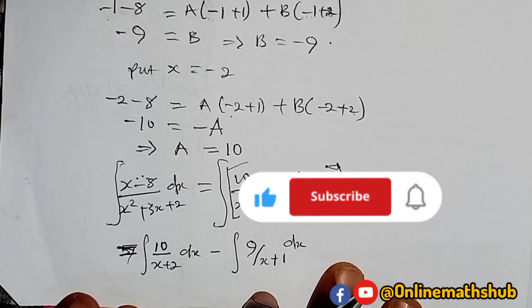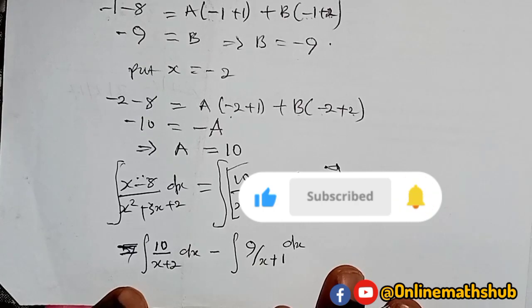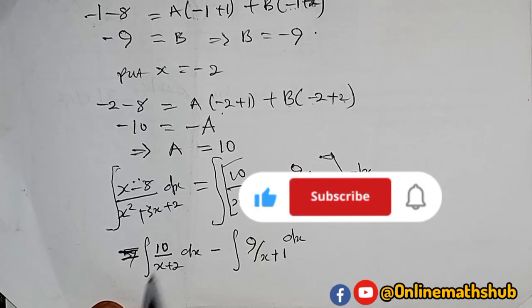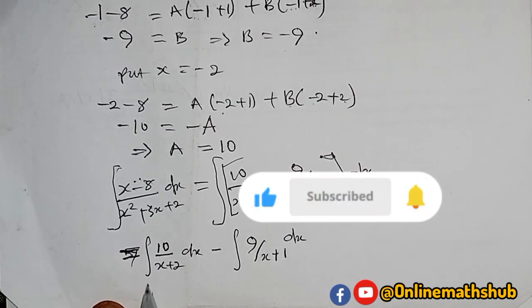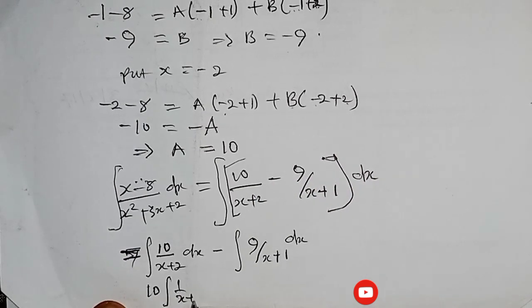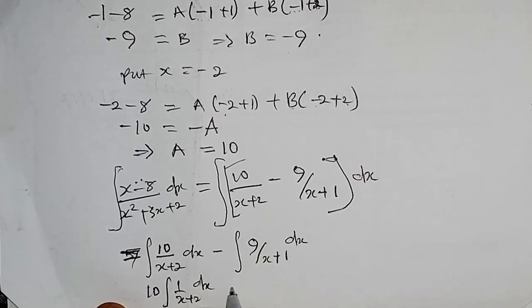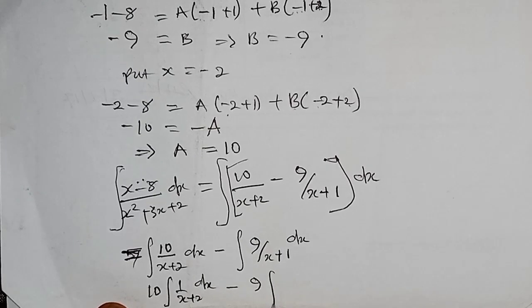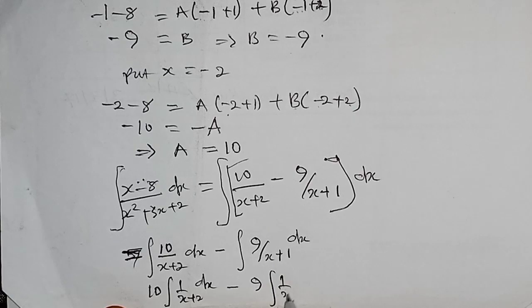I can factorize the 10 and the 9, so I have 10 times the integral of 1 over (x + 2) dx minus 9 times the integral of 1 over (x + 1) dx.